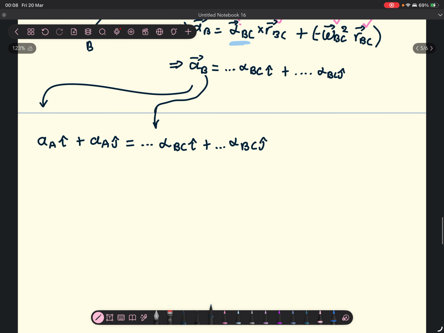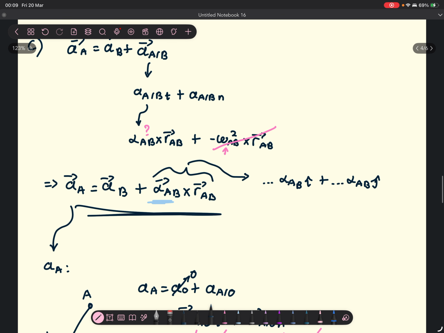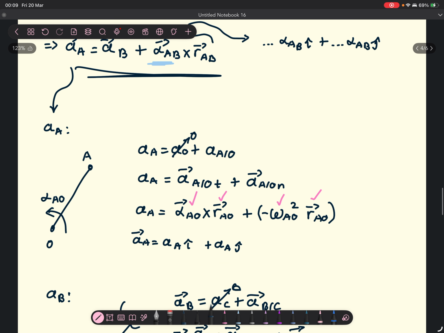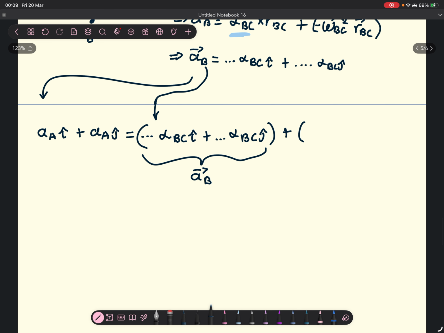Cool. So let's add those terms in. I'm just going to put brackets so that you know this is what the acceleration of B was, and this is now our acceleration of A relative to B. So we get something, something, something, alpha AB in the I hat, and something, something, something, alpha AB in the J hat direction.